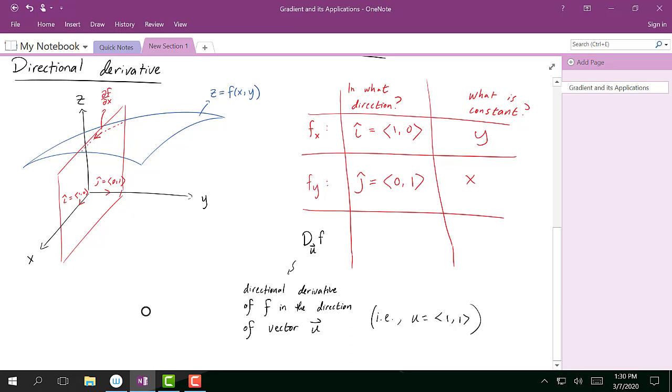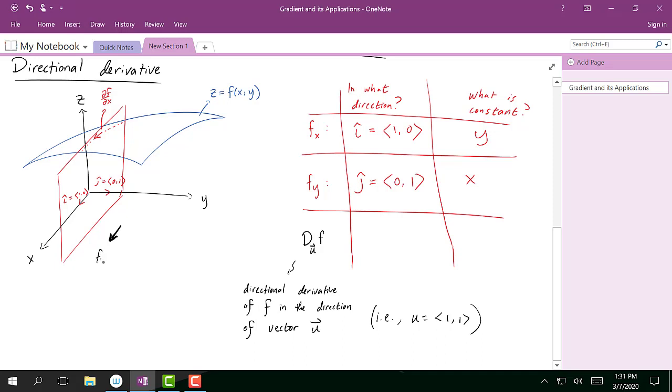We see that this vector is going to be different than 1, 0 and 0, 1 that we have in the first two rows. And so all this is meaning is that we're taking a derivative. If we look back to our picture on the left, with the partial derivative of f with respect to x, we're going primarily in this direction that I've just drawn.